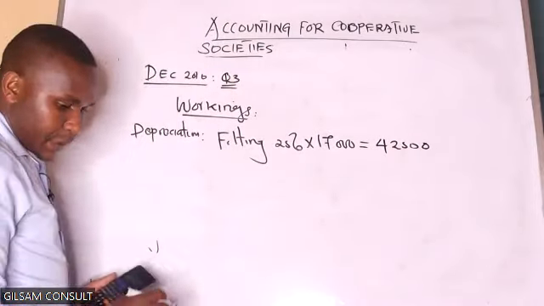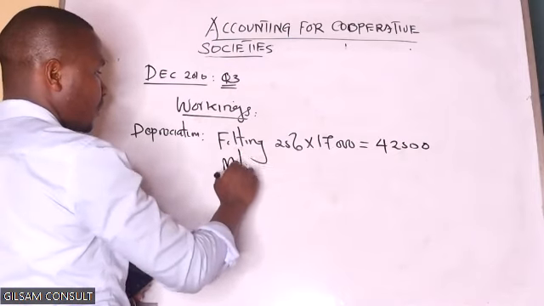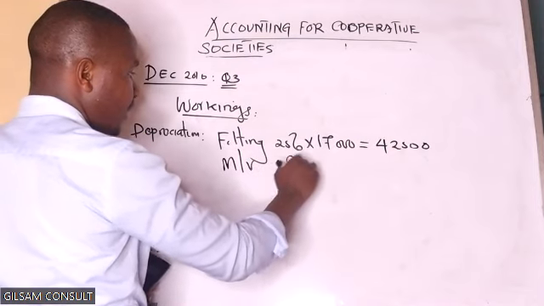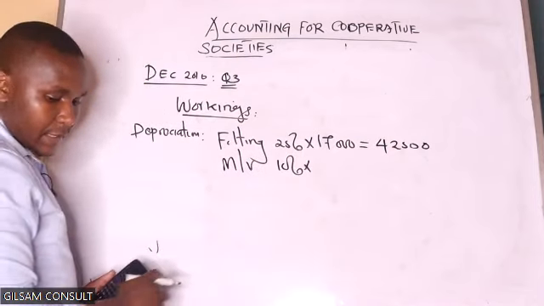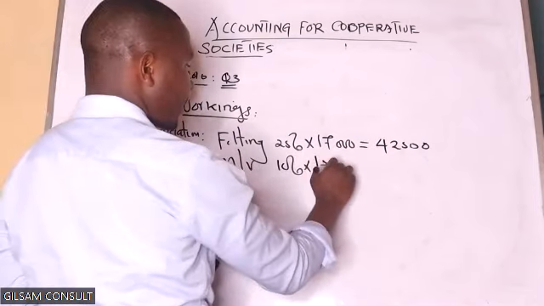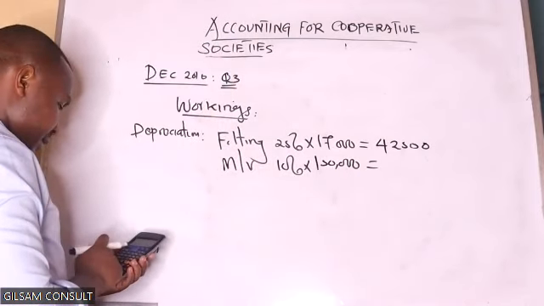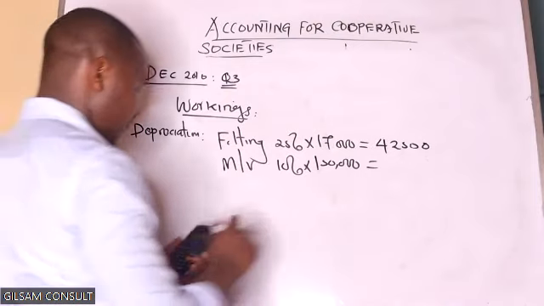And then the depreciation for motor vehicle. They are charging 10% of the cost. The cost of motor vehicle is 150,000. So how much is 10% of 150,000? That is 15,000.